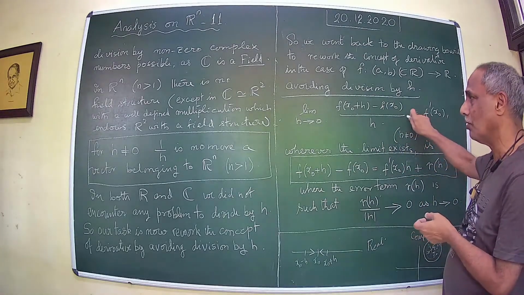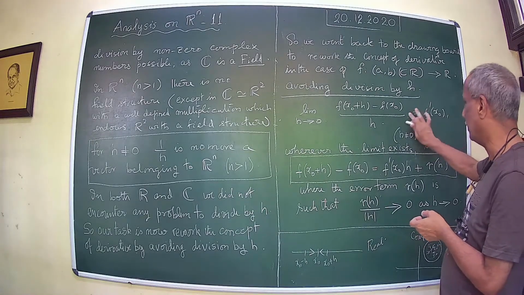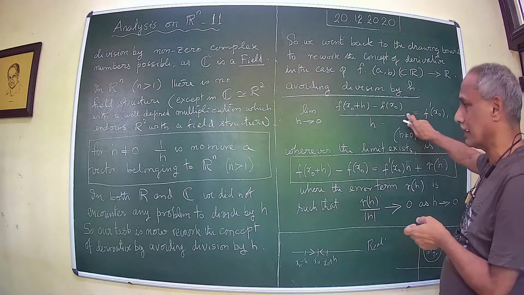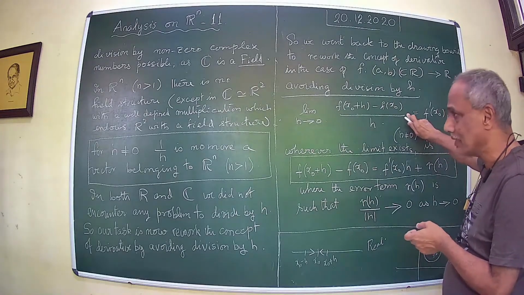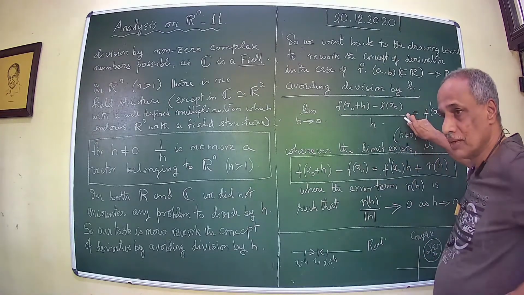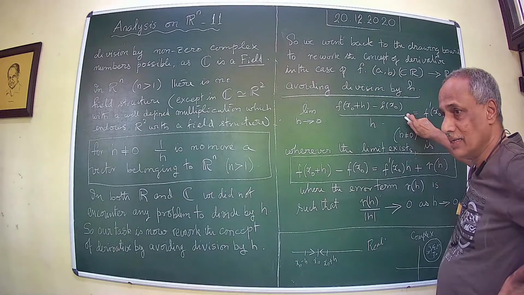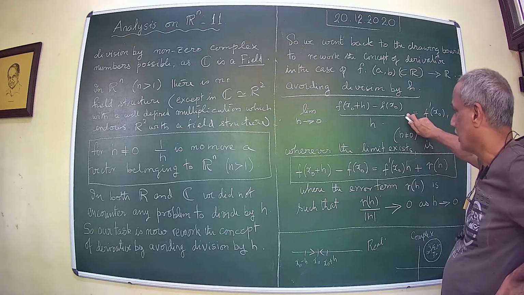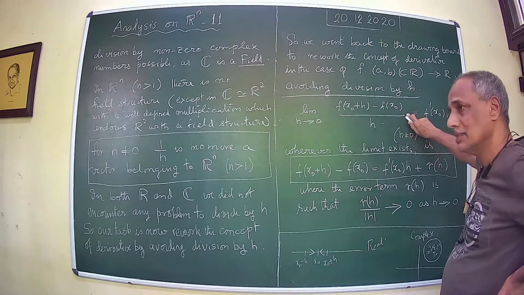Therefore, it is not that you give up at that stage, but we try to rework the whole thing. That's why we went back in the beginning itself. We had a look at what the derivative is and what it gives and so on.